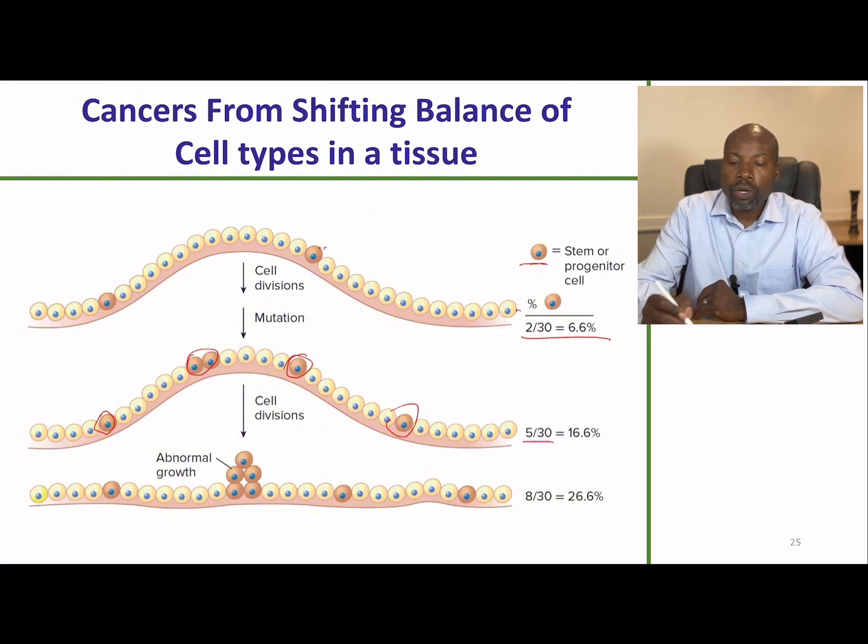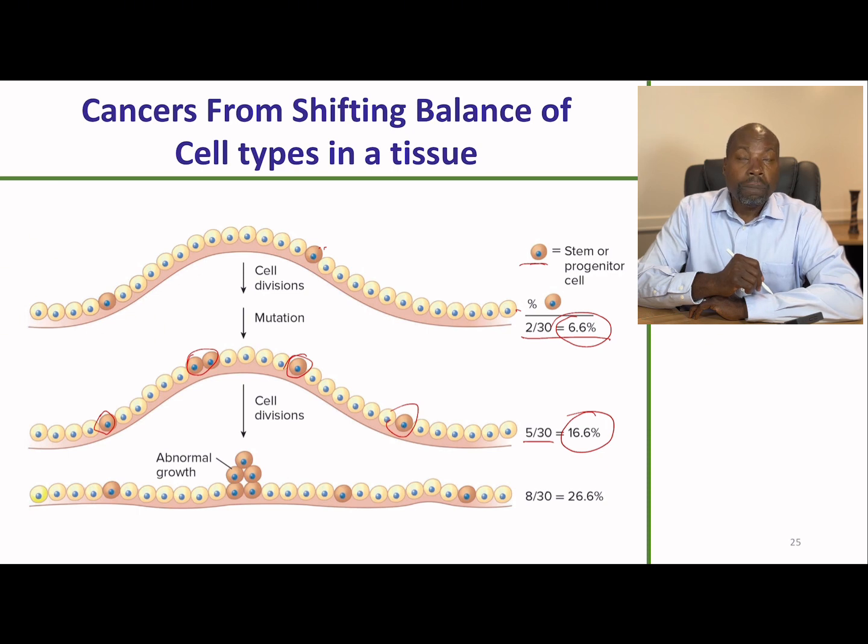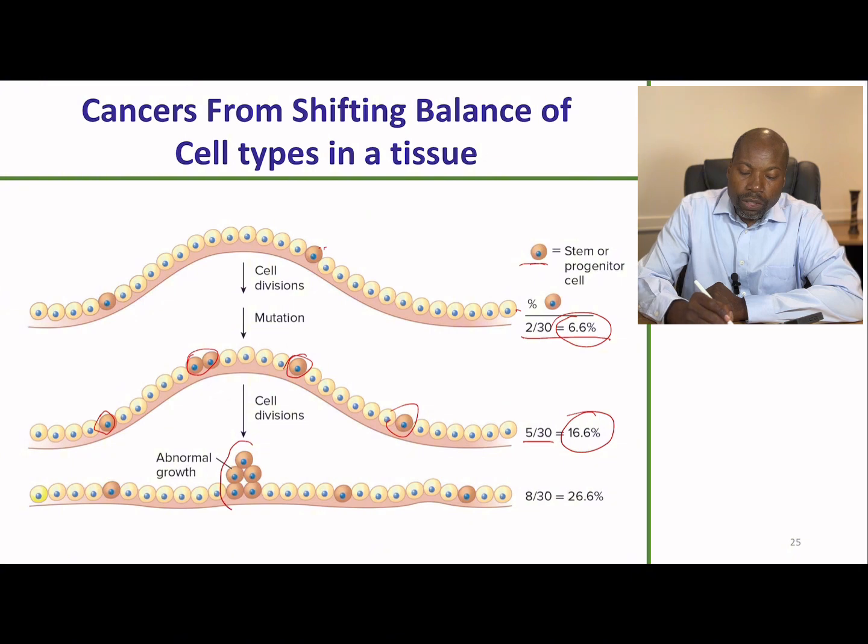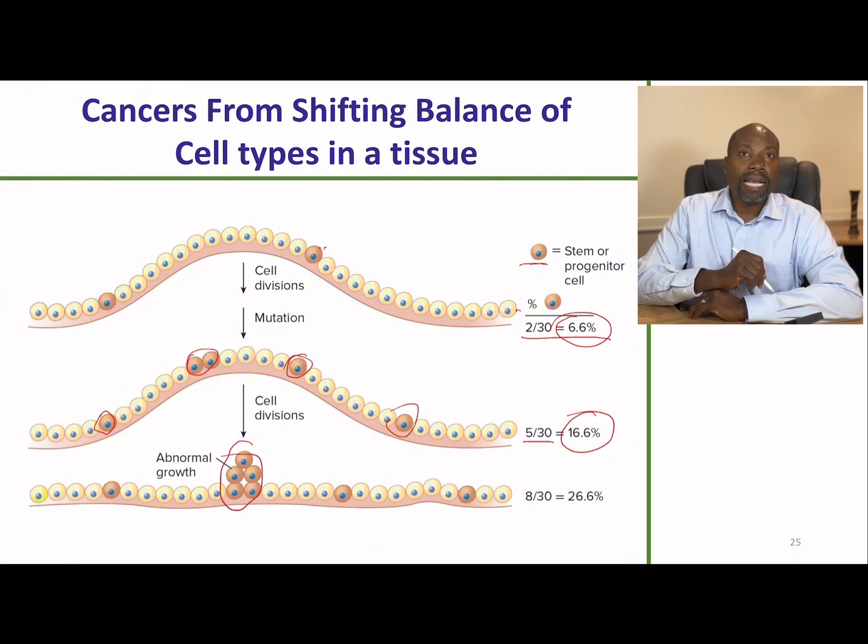So the proportion goes from 6.6% here to 16.6% here. Now, upon another mutation, these cells are going to even multiply some more. Now we have 8 cells out of 30, which takes the proportion from 16.6% to 26.6%. Okay?